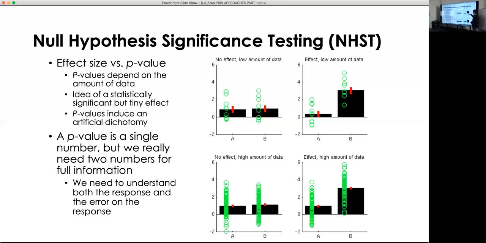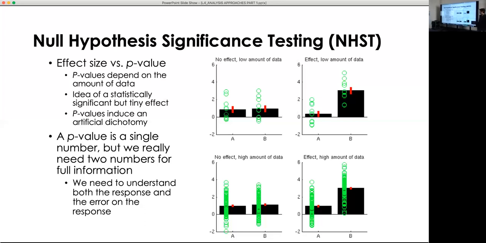Because I told you what I simulated as ground truth, in both cases this was a 1 to 3 effect, right? So even though you collected tons more data, the underlying effect, which presumably we actually care about, the neural response or the BOLD response tripling, didn't change across these two scenarios, even though the p-value shrunk dramatically.